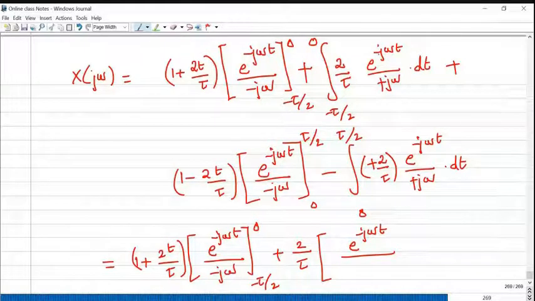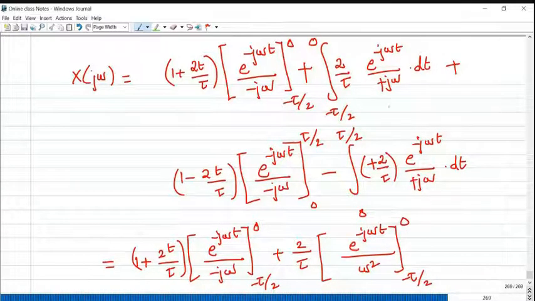J square is minus 1, this minus will be cancelled, so you will get omega square, with limit minus tau by 2 to 0. For this particular term, e power minus j omega t divided by minus j omega, j square is minus 1, this minus will be cancelled.